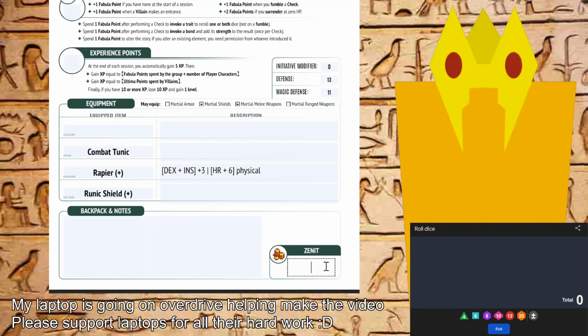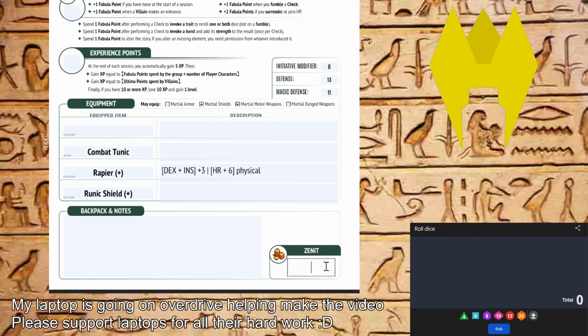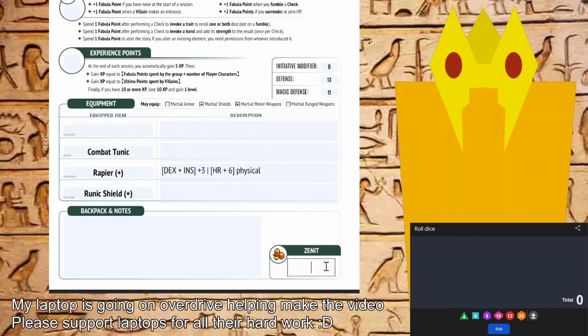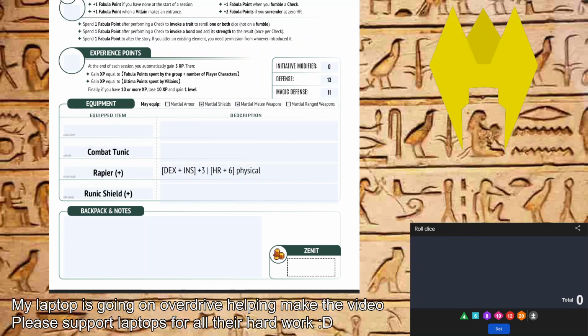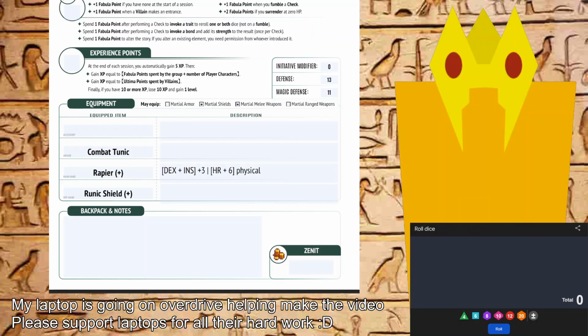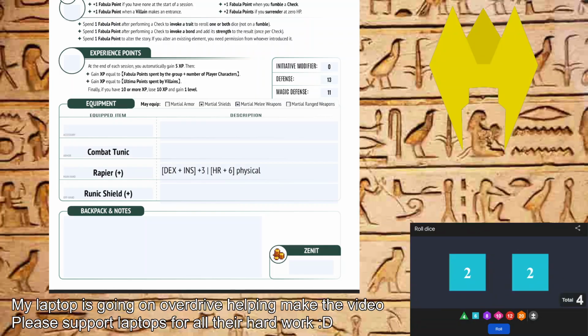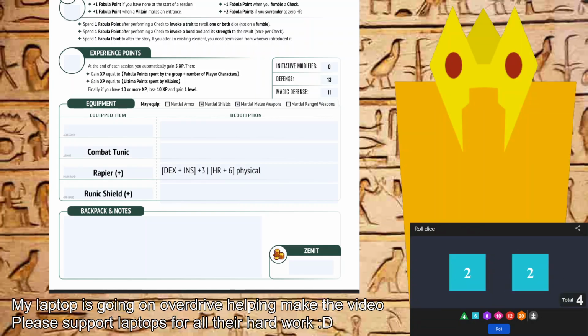Now for the second to last thing, we need to calculate our initial savings, which is where the die roller comes into play once again. So from here we roll 2d6 and see what happens. A 2 and a 2.